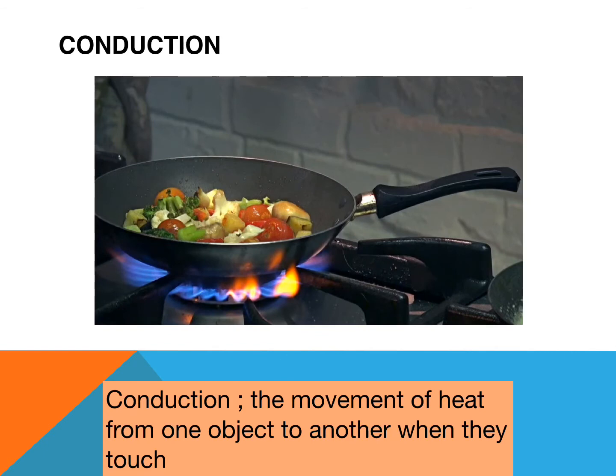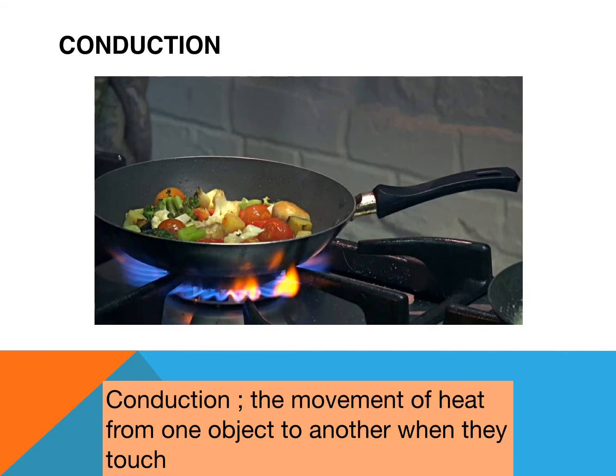What if I want to fry those vegetables? To fry those vegetables, you put them in a pan, then you put the pan on the stove. Heat from the stove makes the pan hot. Then the heat is transferred at once from the pan to the vegetables that are in the pan.